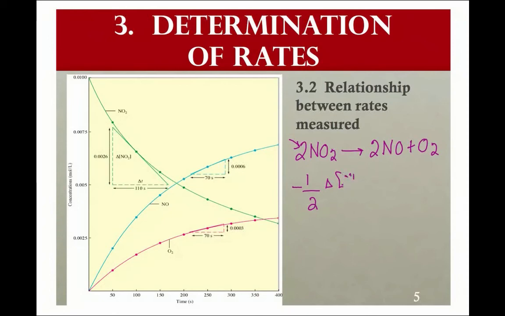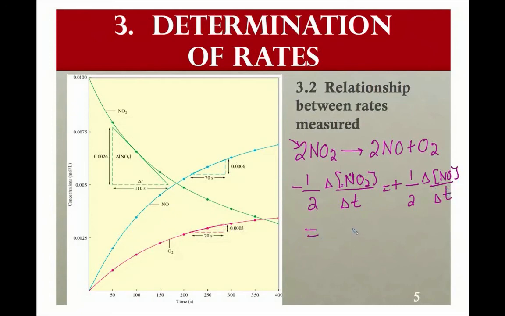Let me erase that with a smaller eraser. Okay, so it'd be our molarity of NO2 over time is equal to, now this is a positive this time, 1 over 2 times the change in NO over time.